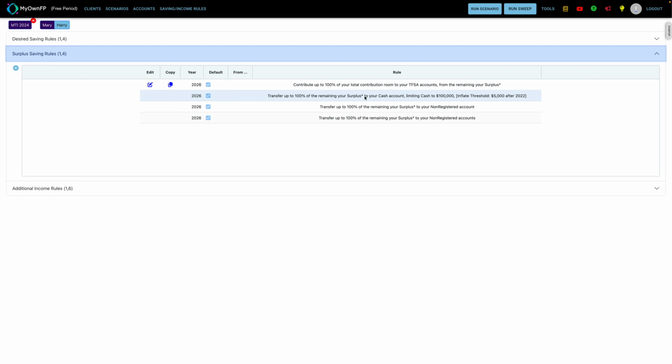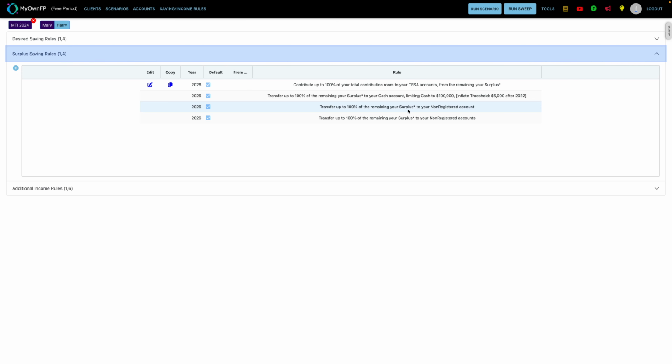Then I'm going to transfer any more money after that to my cash account, and I'm going to try to limit that cash account to $100,000, and inflate that in increments of $5,000 over time. If I still have more money left over, I'm going to transfer it to my account that's named non-registered.